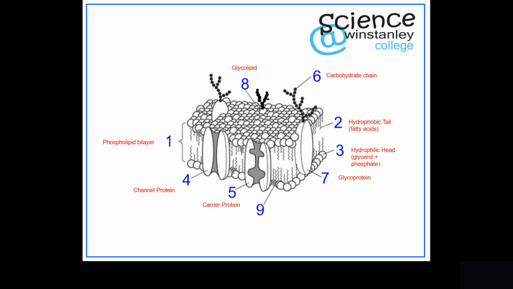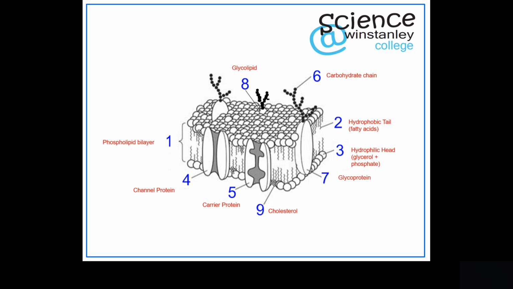Simply, glyco refers to the carbohydrate and lipid refers to the phospholipid structure. And finally, number 9, there are components within the membrane called cholesterol. You will have heard of cholesterol before, and I will try and touch on why cholesterol is so important in a moment.